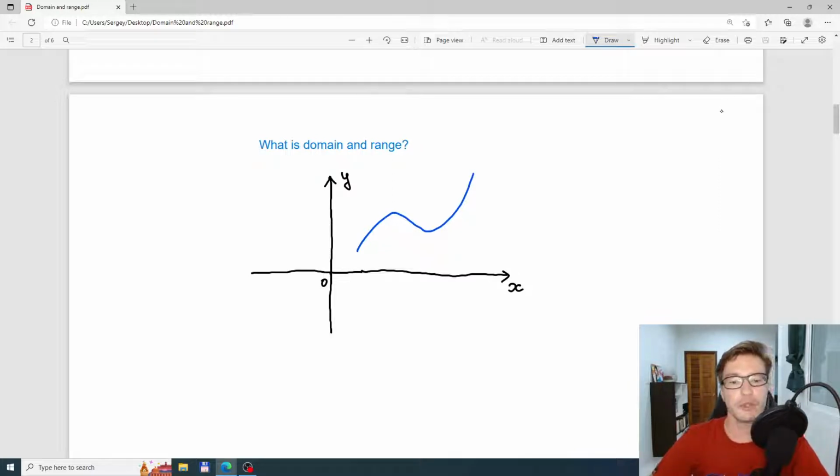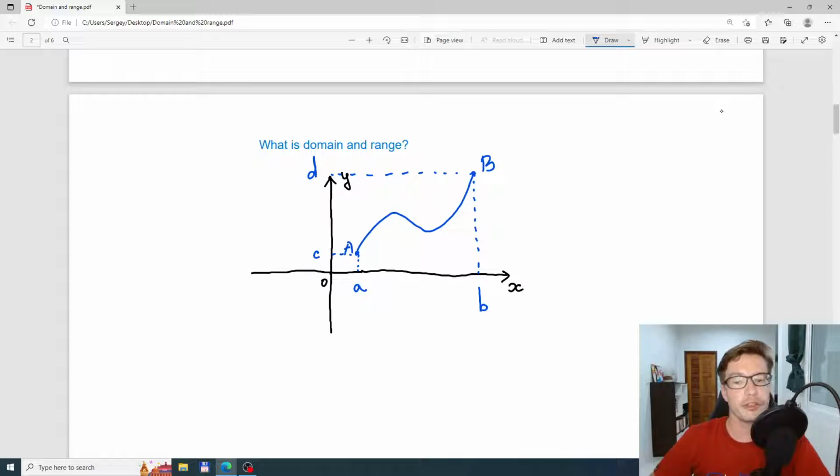Imagine you have a function and its graph goes from point A to point B. Now, let's call the x-coordinate of point A, A, and the x-coordinate of point B, B. And the y-coordinates are going to be C and D, respectively.